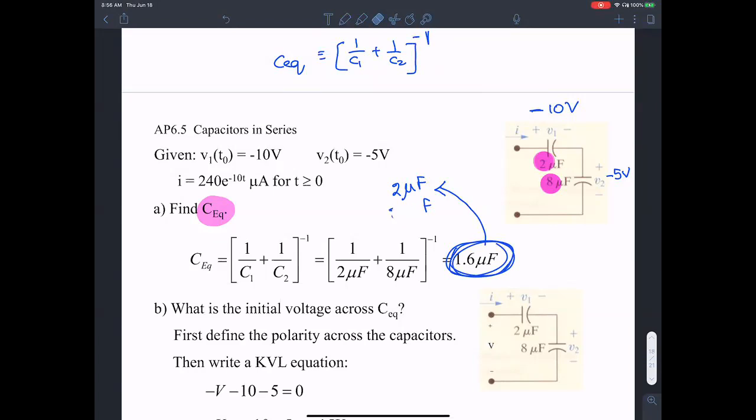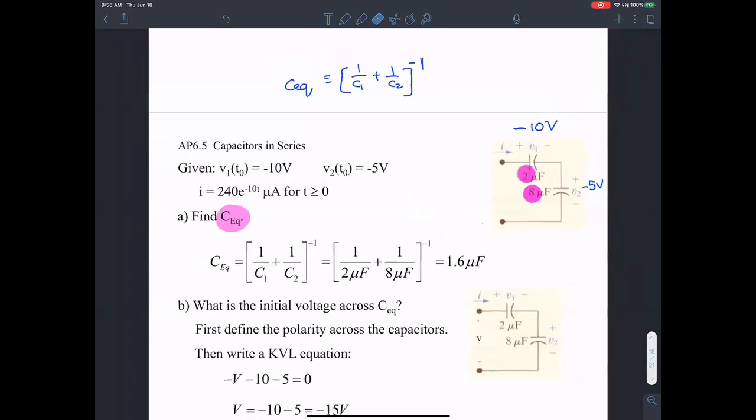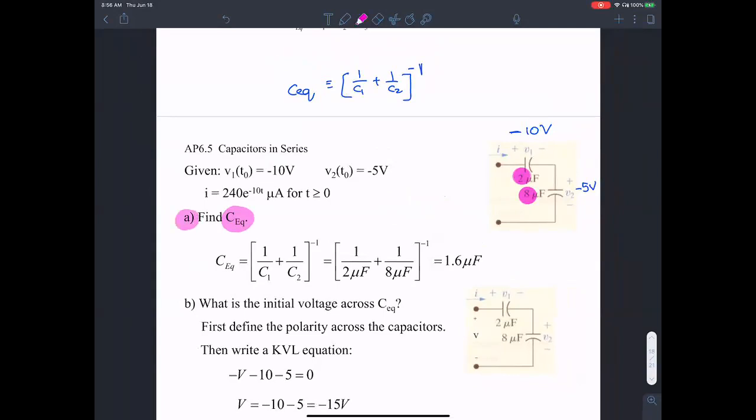From this we can find the equivalent capacitance, C1 C2 over C1 plus C2. That's A, done.